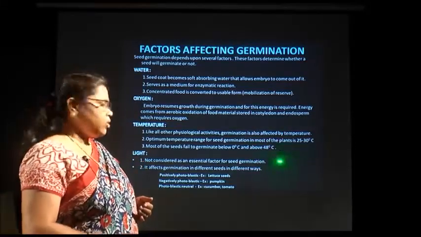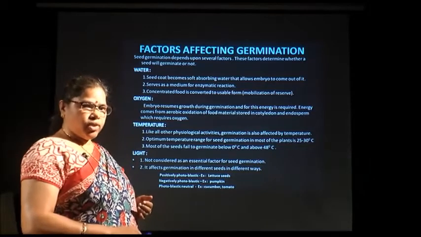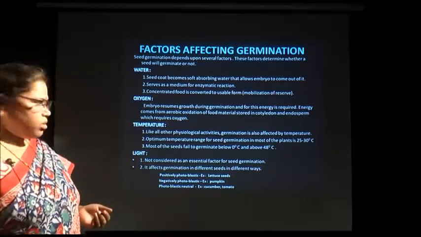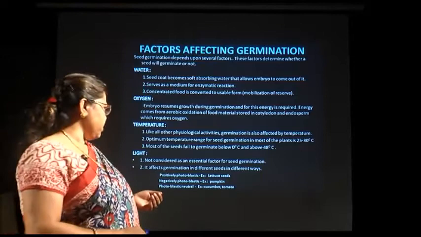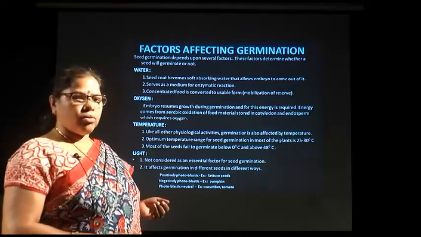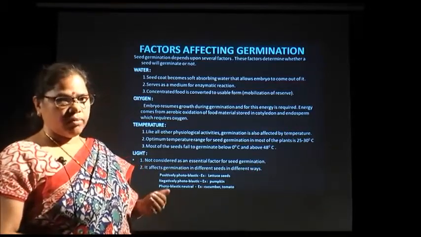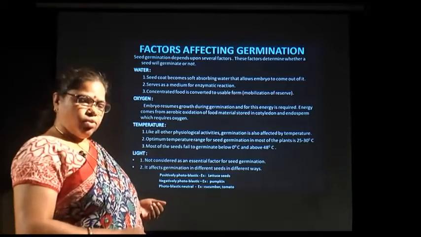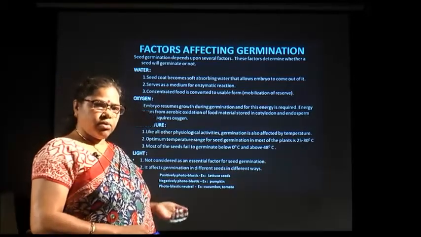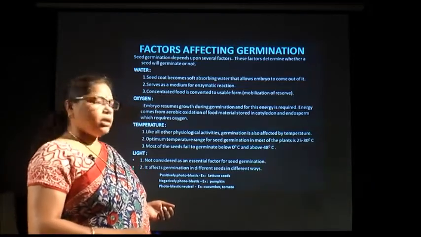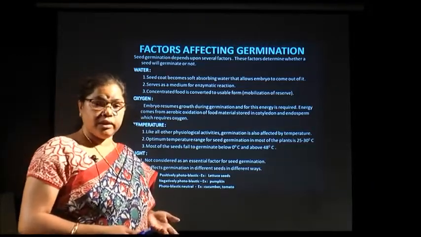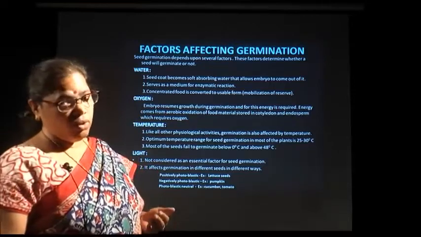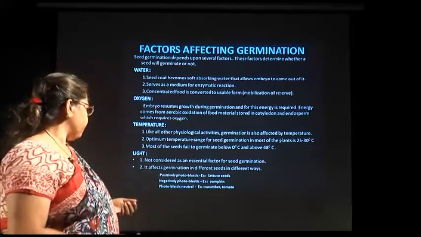These are the two extreme temperatures beyond which seed germination generally does not take place. Below 0 degree centigrade enzymes become inactive, and above 48 degree centigrade enzymes get degraded, they are destroyed, so the germination process cannot occur.